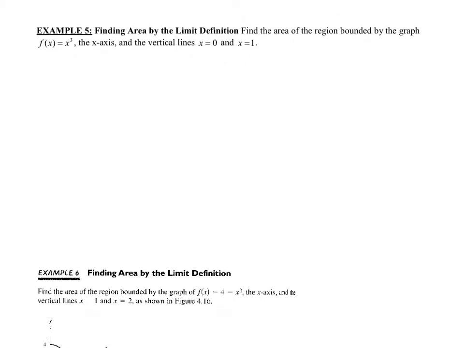So this is the limit as n approaches infinity of the sum from i equals 1 to n of, and let's look at the definition, f of c sub i times delta x, right?